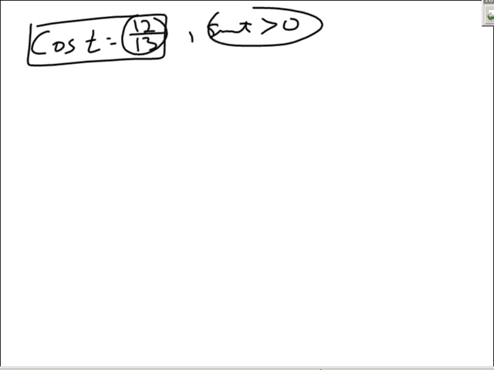Well, where is cosine positive? Cosine deals with the adjacents, the x's. It's positive in quadrant 1 and 4, and it's negative in quadrant 2 and 3. Adjacent is positive in quadrant 1. Hypotenuse is always positive.